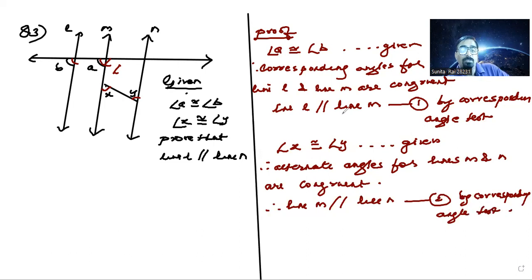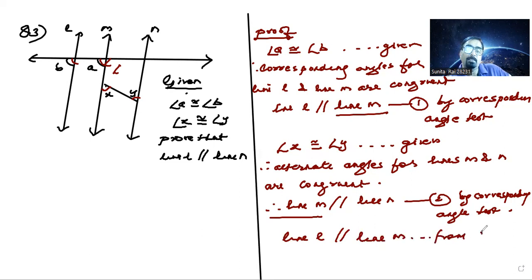Now you can check it here, children. L is parallel to M, and the same M is parallel to N. So I can say line L is parallel to line M from 1, and line M is parallel to line N from 2.